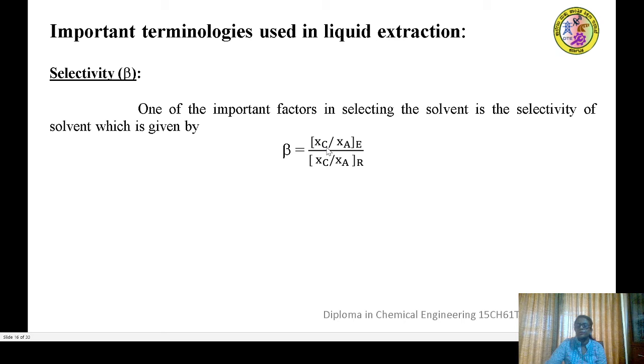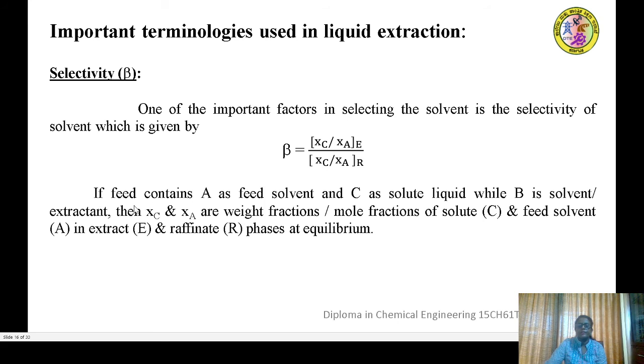Xc is the concentration of the solute. That means C represents solute. Xa is the concentration of feed solvent. Okay, so that means A represents feed solvent. So this ratio in the extract phase, and the same ratio in the raffinate phase at equilibrium, is what is known as selectivity.